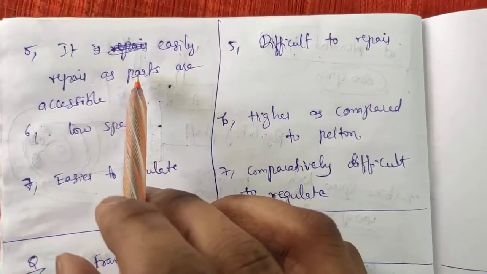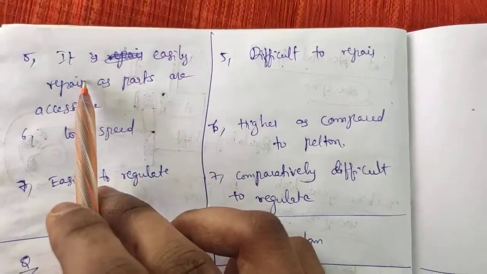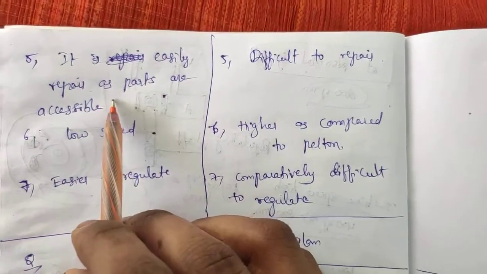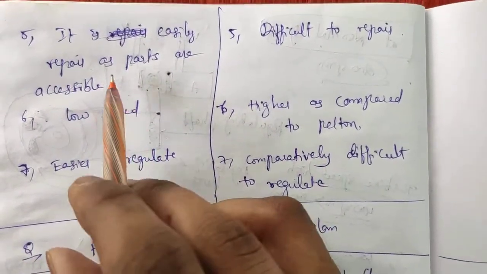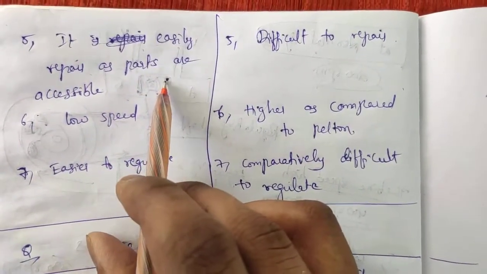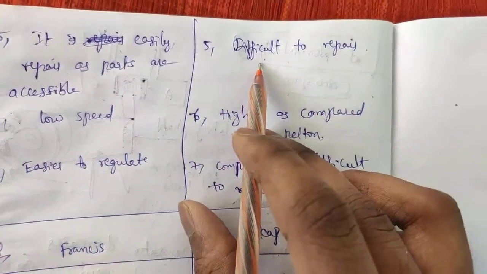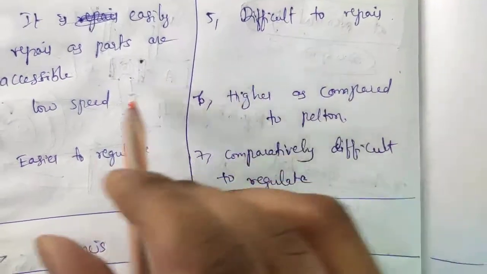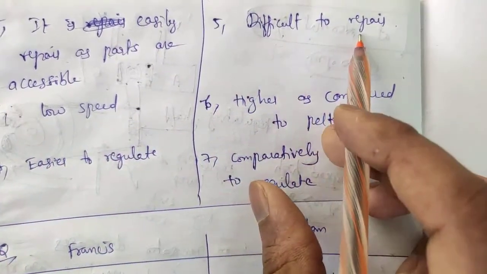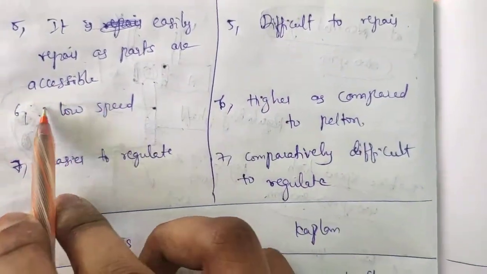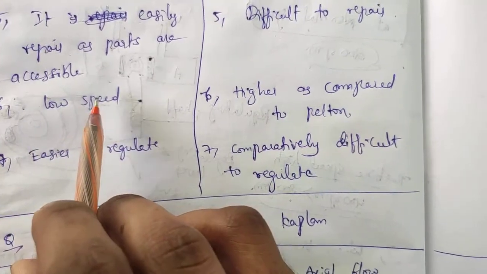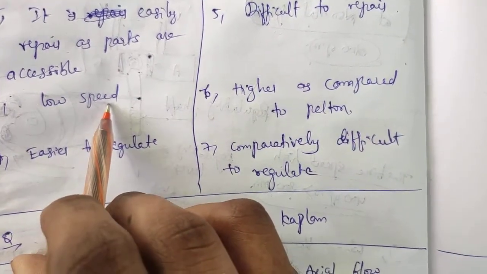Next thing, Pelton wheel is easily repaired as parts are accessible. So in the Pelton wheel, fewer parts are used so that we can easily repair. In the Francis turbine, the repair is very difficult due to their construction. Pelton wheel is used for low speed.